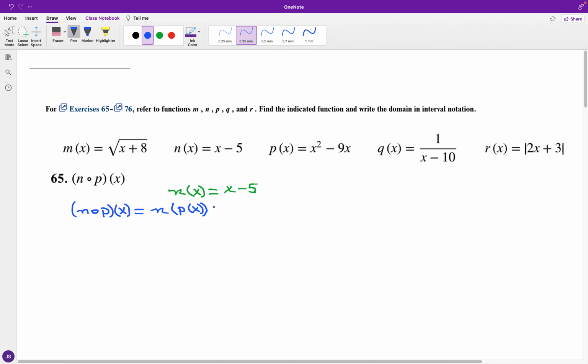So for n of p of x, we have p of x minus 5, and p of x is x squared minus 9x. Going to have minus 5, and there are no like terms to combine, so as I take out the parentheses, we come out to x squared minus 9x minus 5.